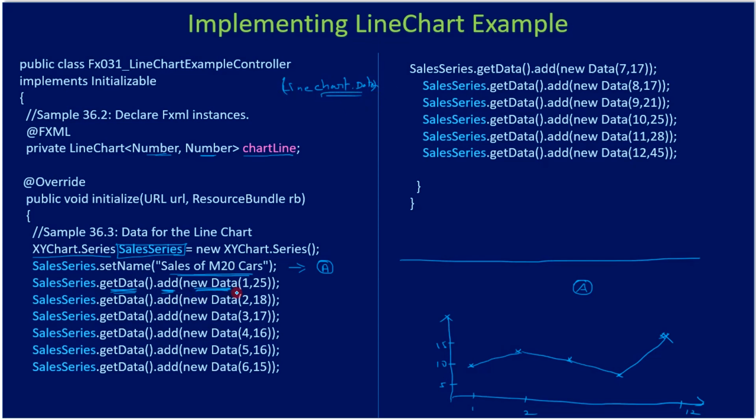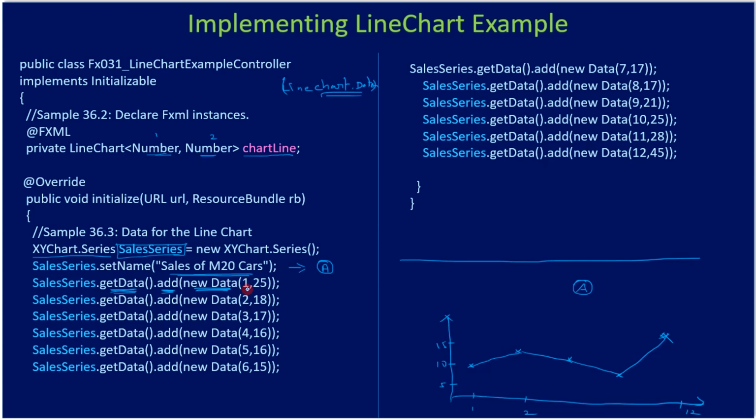So new data 1,25. When we go to the code, that time we will resolve this, and by looking at the import you will easily come to know where this data is coming from. So new data 1,25. The first one denotes the first number, second one denotes the second number.